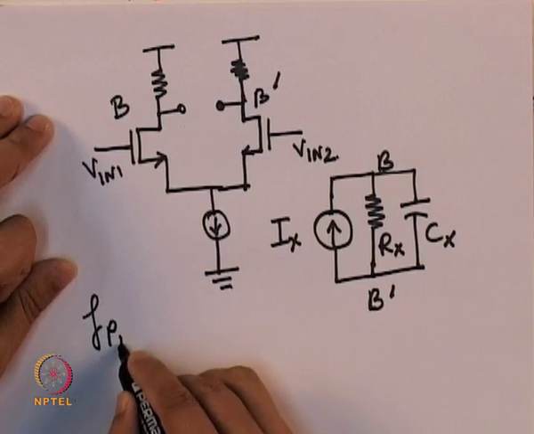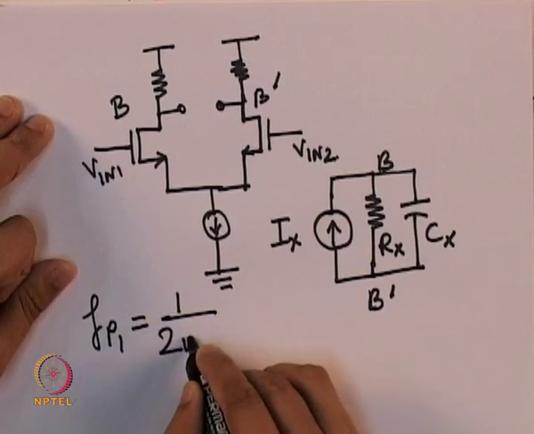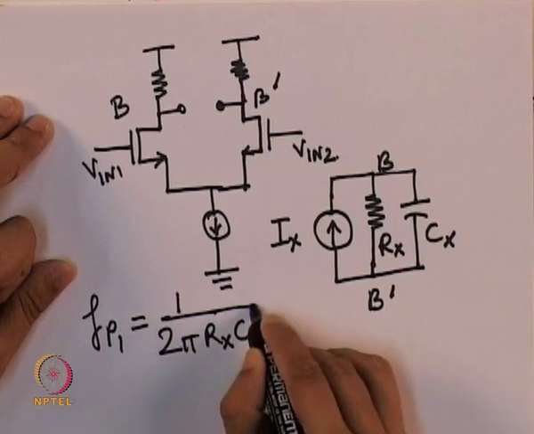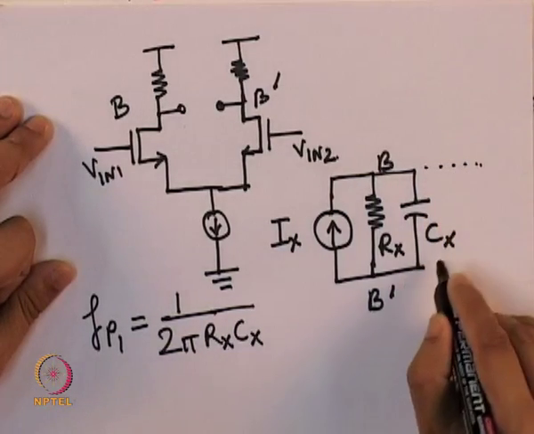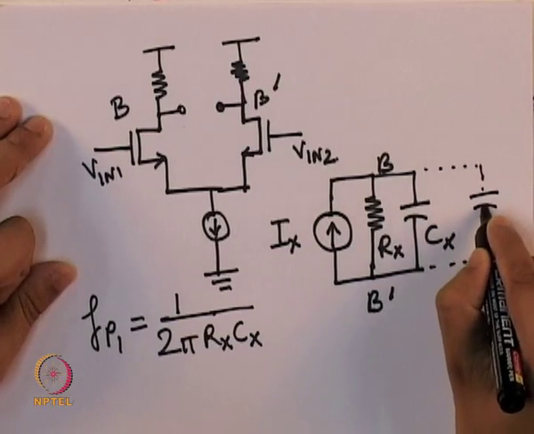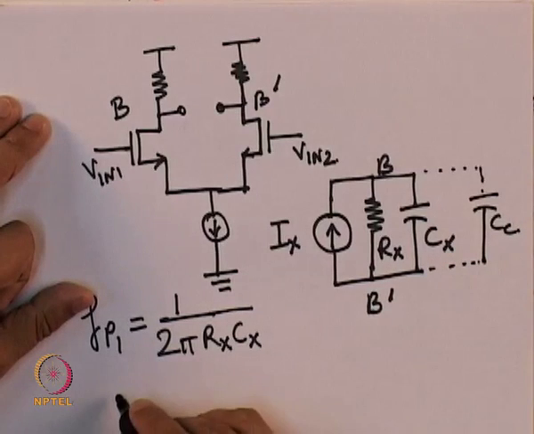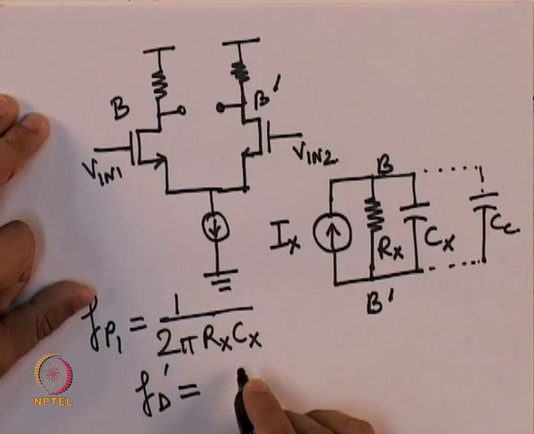As we can see, one pole of this system will lie here at this frequency, right. But now suppose we add another capacitance in shunt like this. In that case, my pole will now become equal to this.